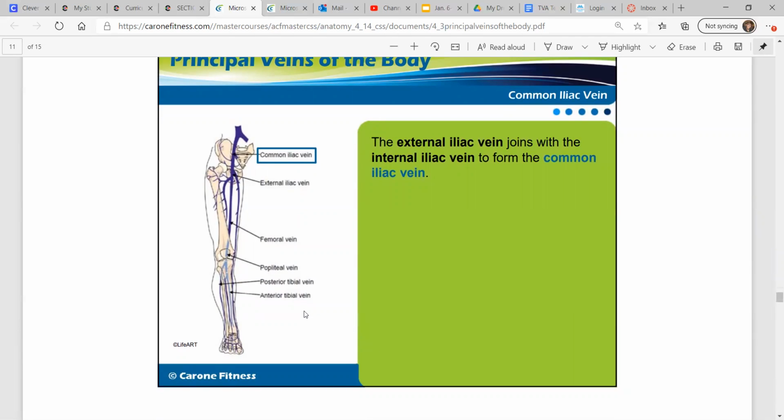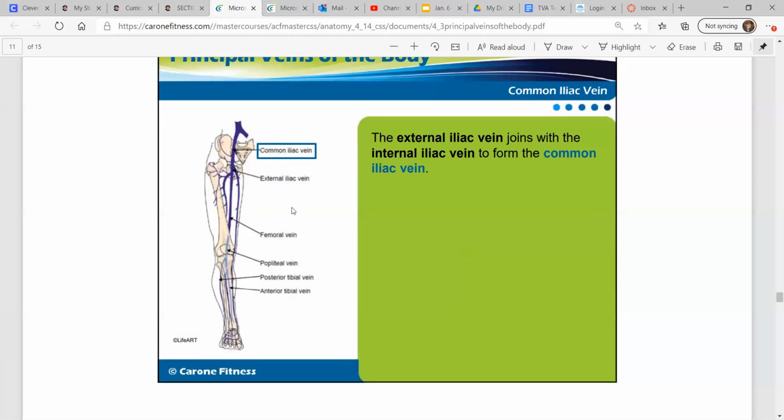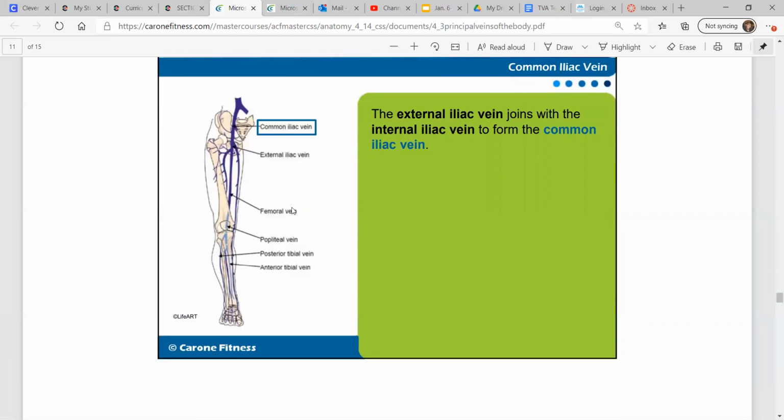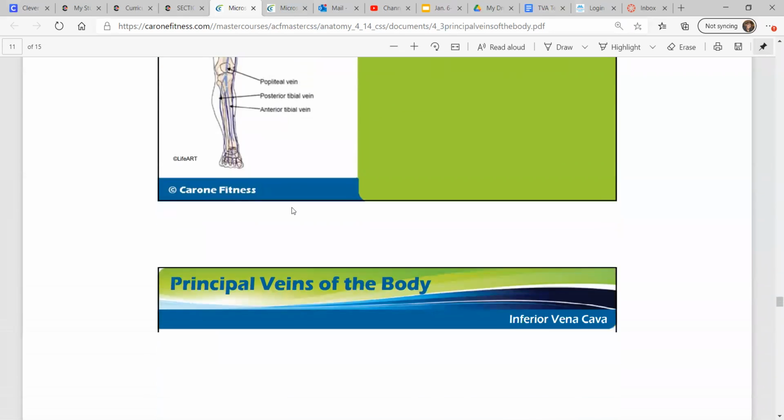So all these, while arteries branch out, you should think of veins going and forming together and joining one another because blood is running back to the heart this way. That can help you remember arteries versus veins.